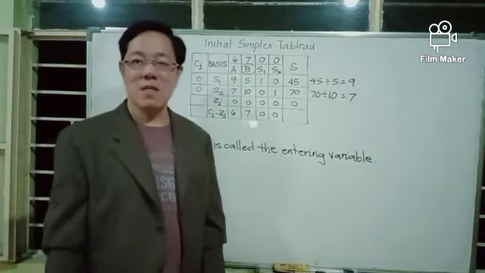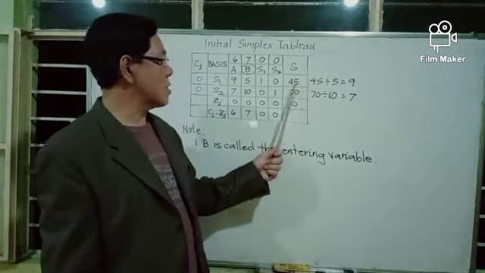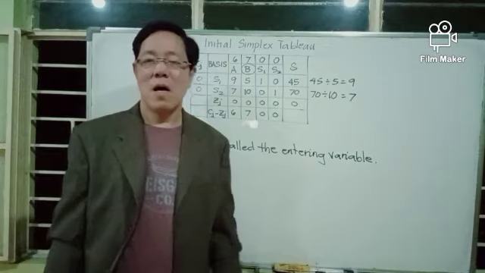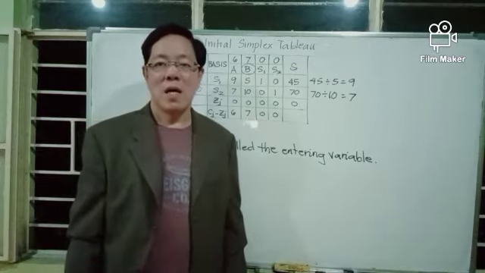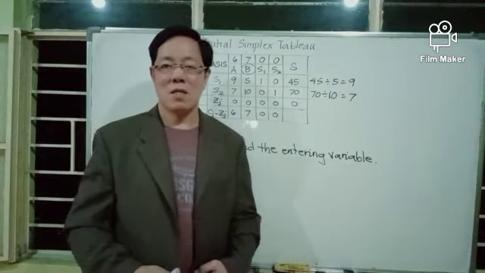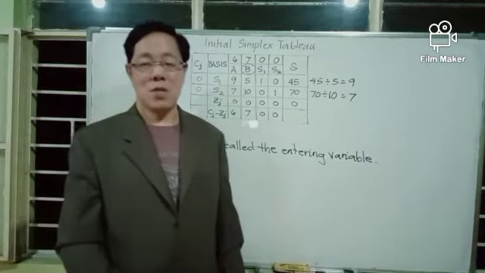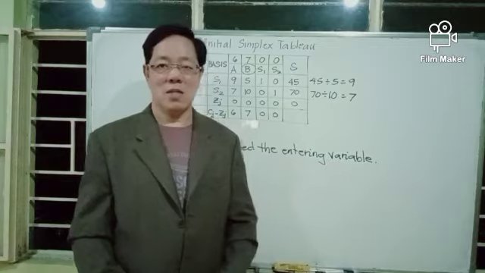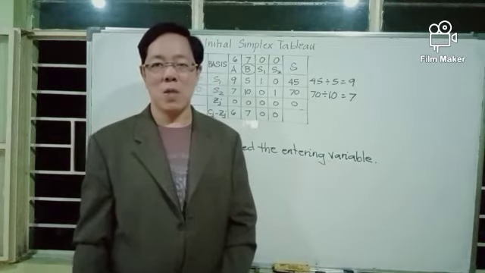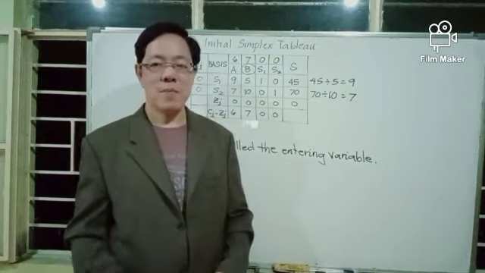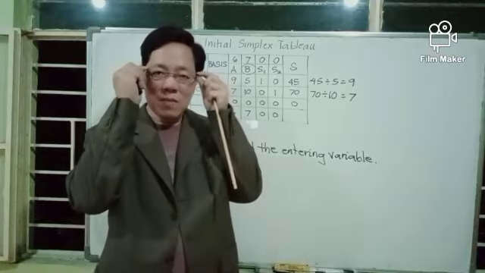Because in some instances, you will have a constant divided by 0, and that's undefined. We will not include that in the selection of the outgoing variable. And also, the negative quotient is not included, and also, the zero quotient.